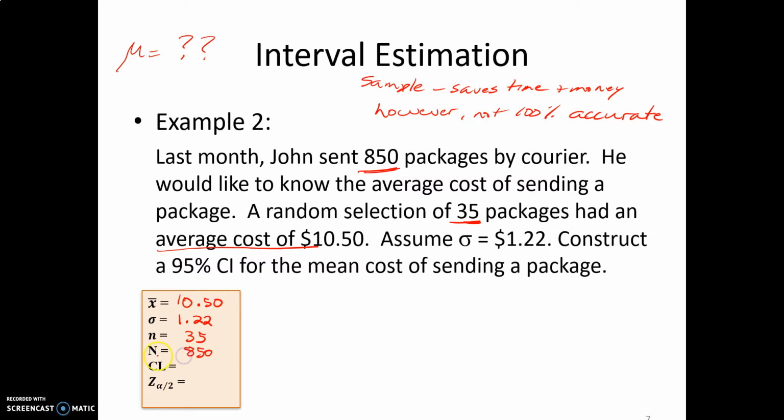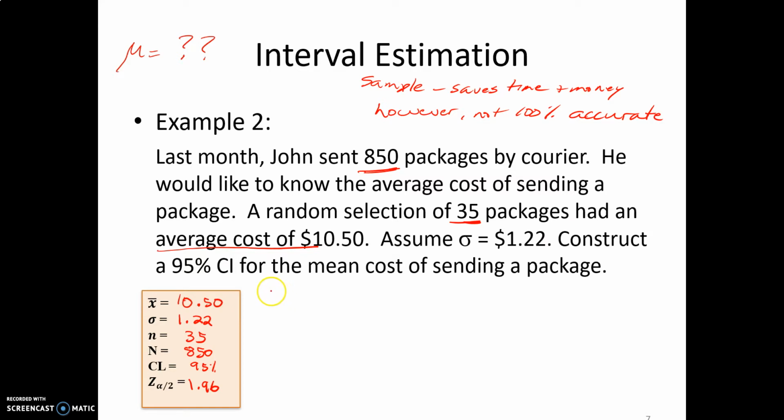So population N, or population size, capital N, leads us to that other correction factor that we need for the standard error. And we are developing a 95% confidence interval, which leads us to a Z value of 1.96.